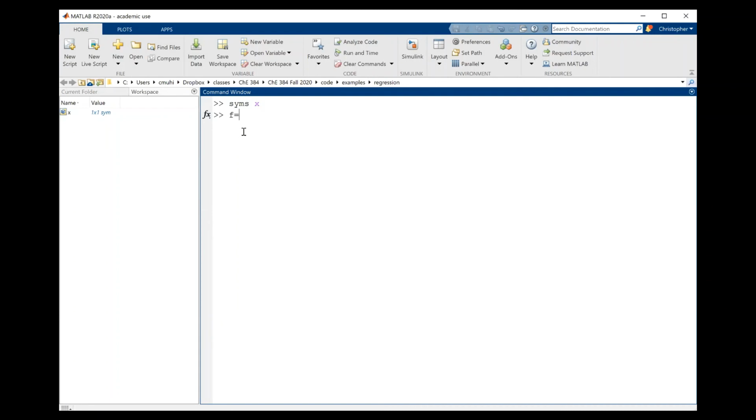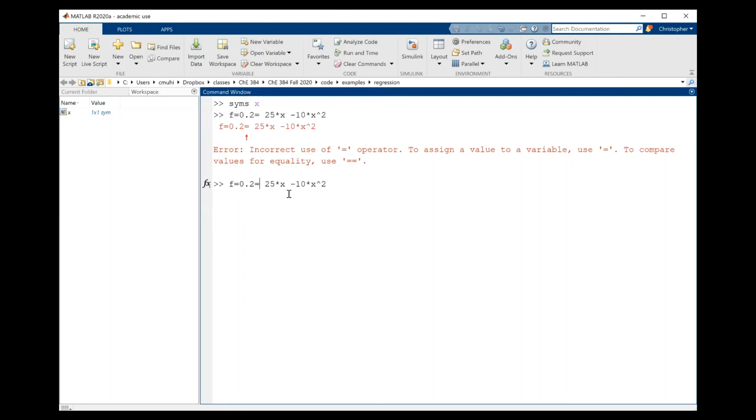Let's say I put in a function. So let's say 0.2 plus 25 times x minus 10 times x squared. Oops, I should have used plus. Now, when I enter this in here, my f of x is coming out in symbolic terms.